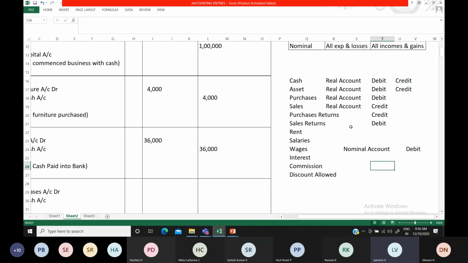So rent account debit, salaries account debit, wages account debit, everything you have to debit only. Everything will come under the nominal account.